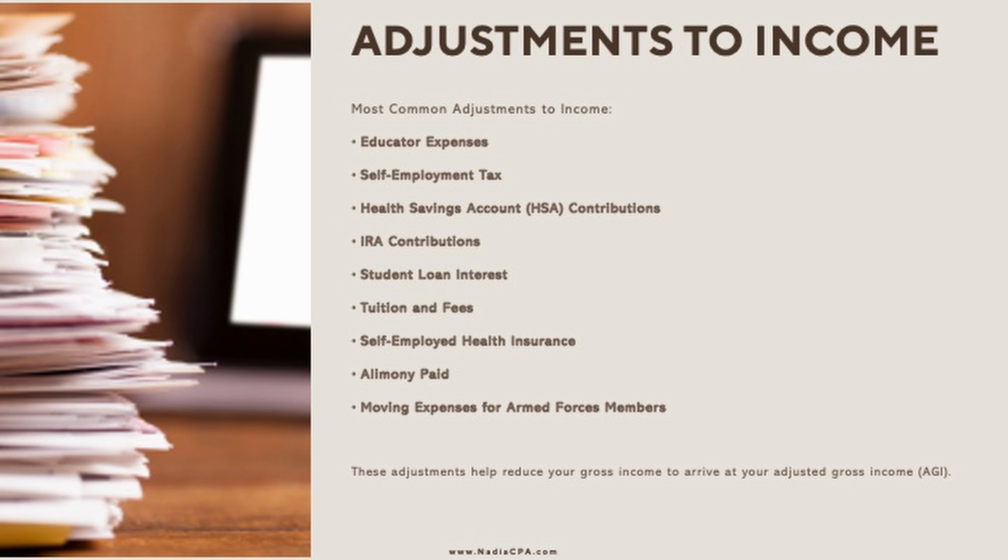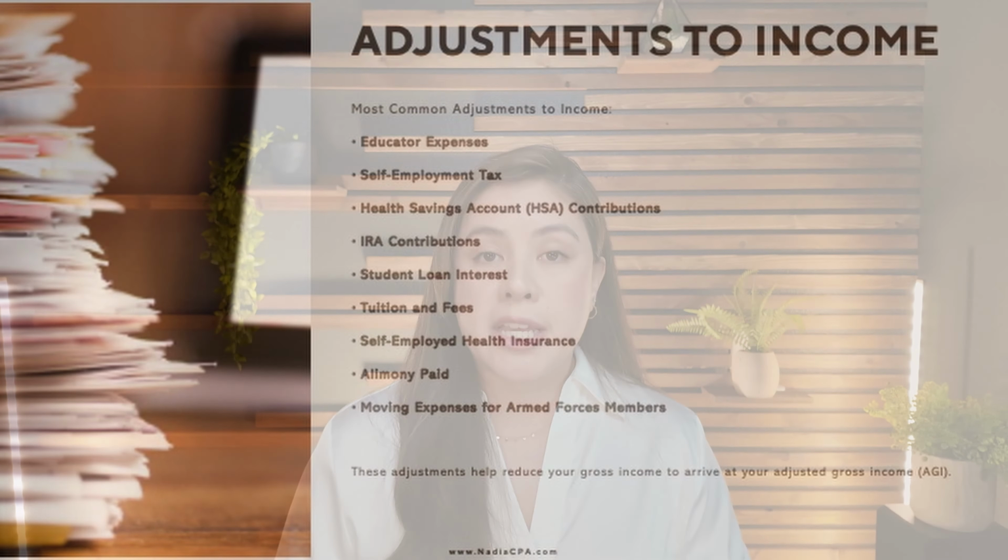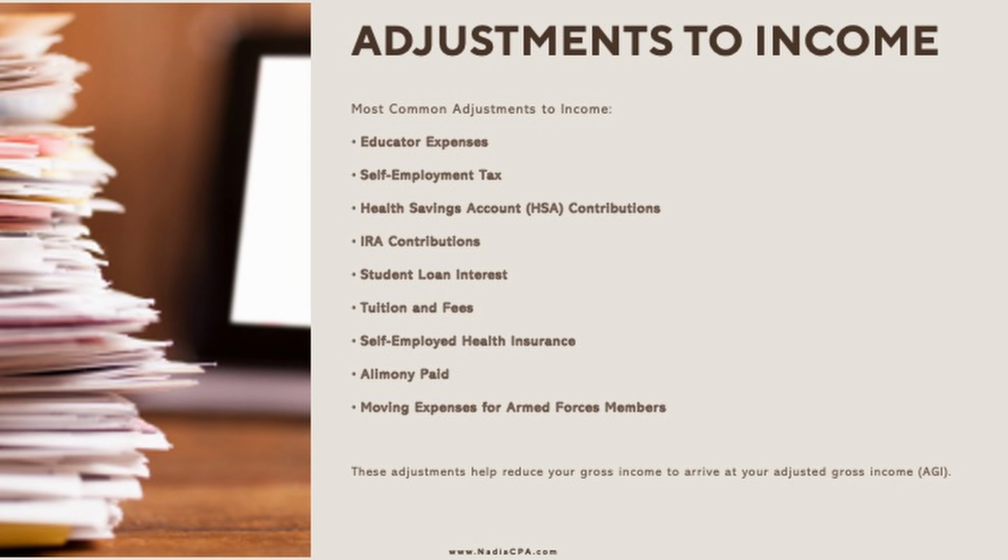So once we have all of our income gathered, the law allows us to make adjustments to that income. Those adjustments can be positive or negative. Here are examples of the most common negative adjustments, which lower our chunk of investment income and earned income. Some of the most common adjustments are educator expenses. That's available for teachers.